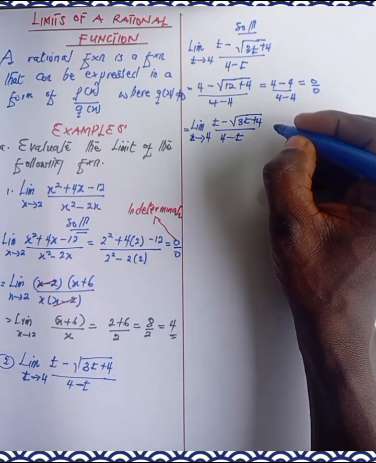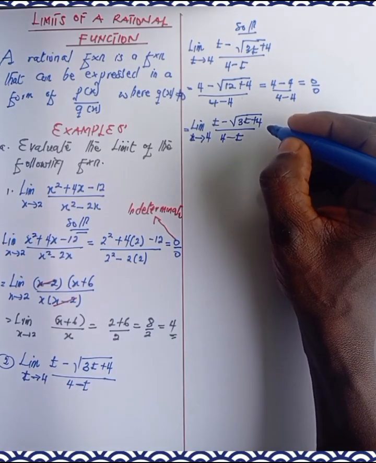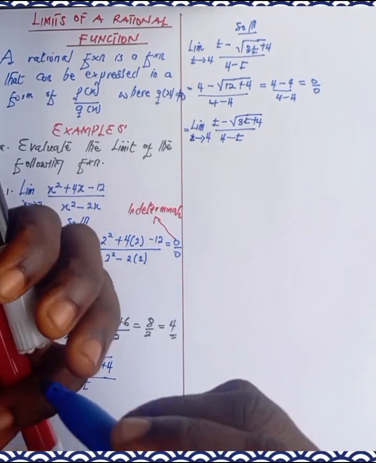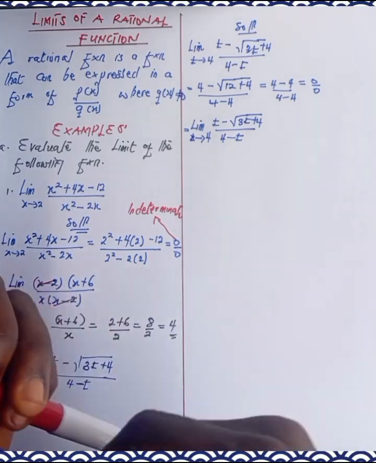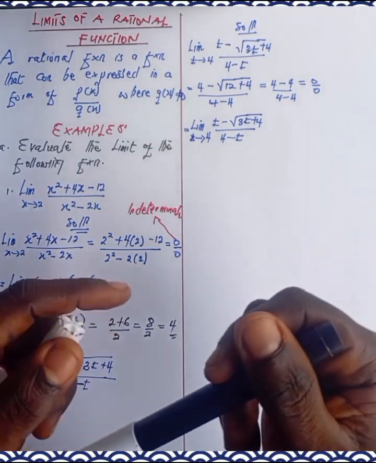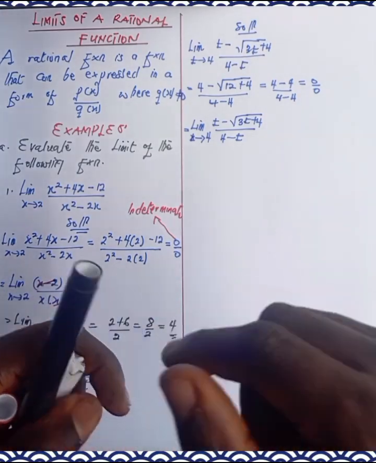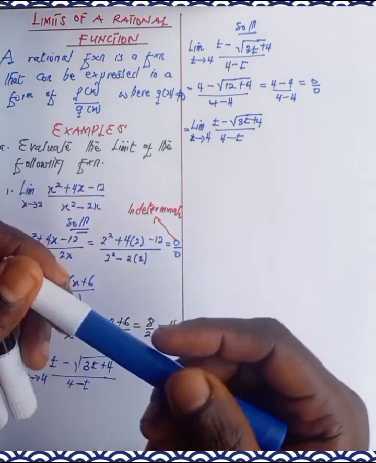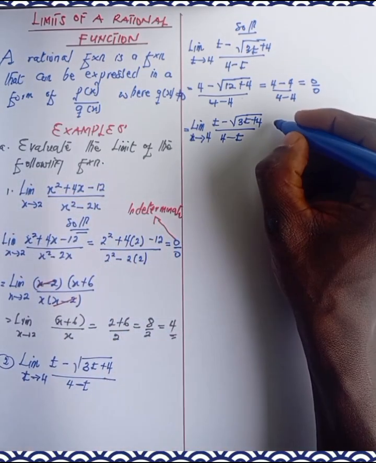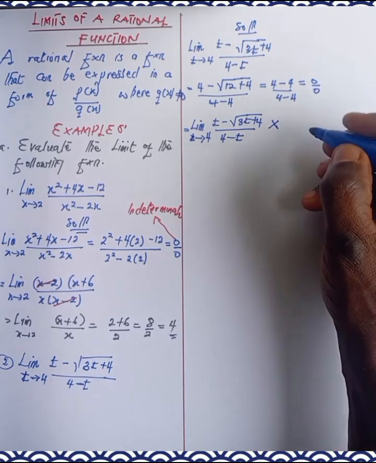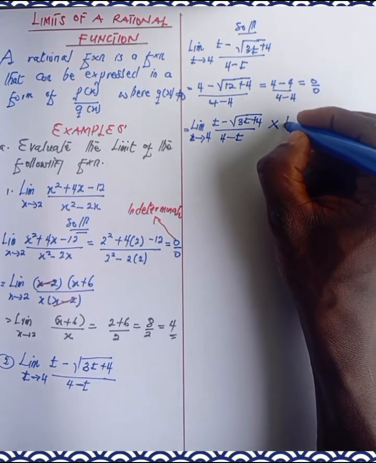So we find the conjugate of the numerator, and we multiply the numerator and denominator by it. If you have forgotten, you can go back and check my previous videos. I have done a full lesson on rationalization. So we multiply the top and bottom by the conjugate of the numerator.